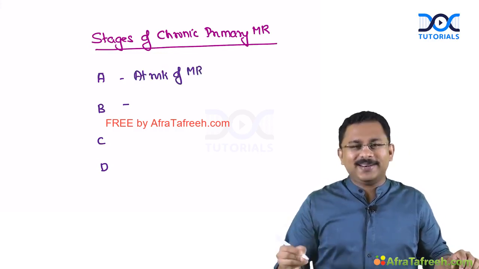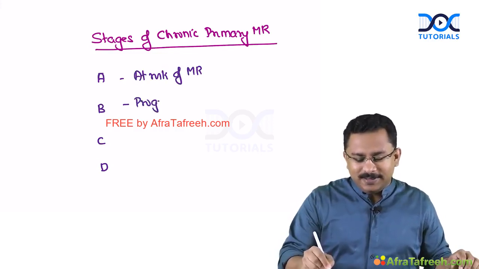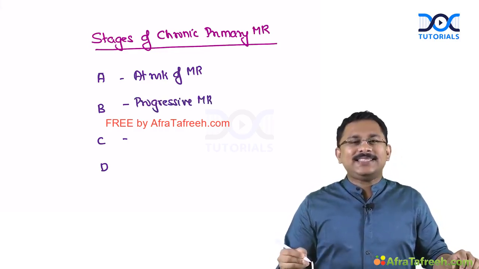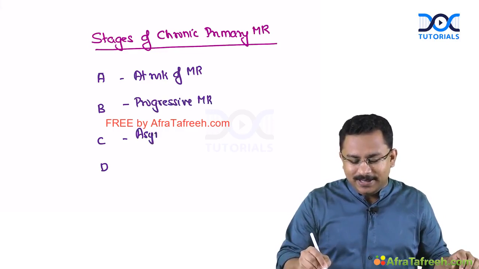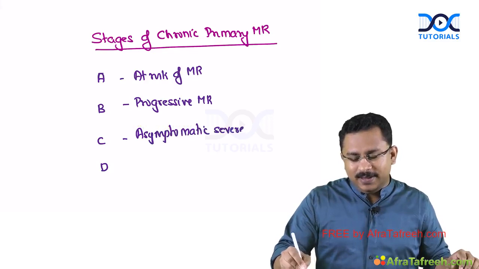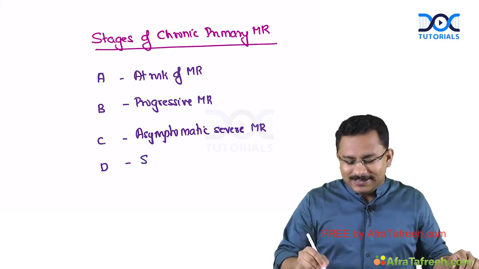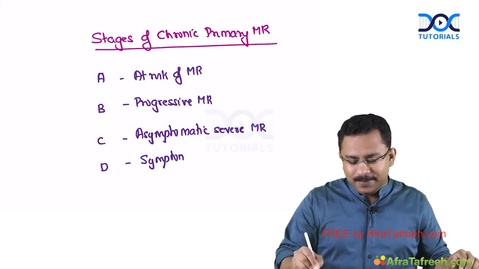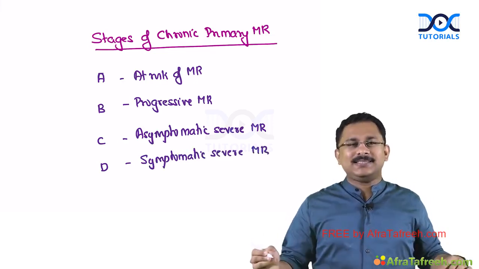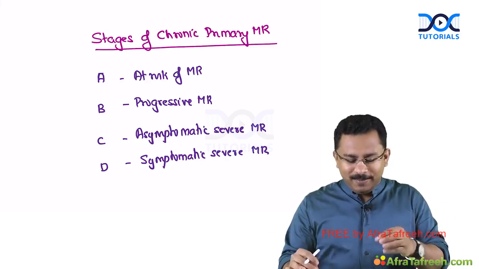Progressive mitral regurgitation falls under stage B. Stage C is asymptomatic severe MR. And finally, symptomatic severe mitral regurgitation is stage D. So this is about the staging of chronic primary MR.